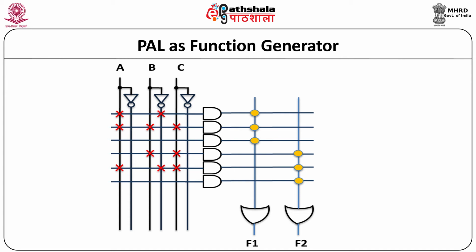Let us consider the PAL architecture for this application. It has 3 inputs, 6 product terms and 2 OR gates. Each OR gate can accept maximum up to 3 product terms. The OR matrix is pre-programmed or fixed by the manufacturer. User cannot decide about the OR connections.